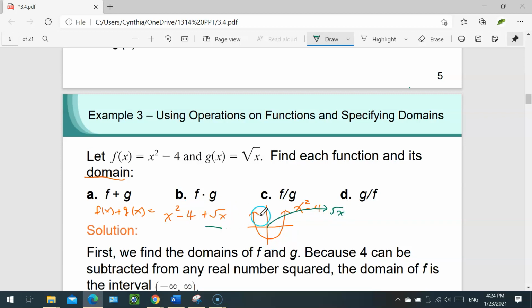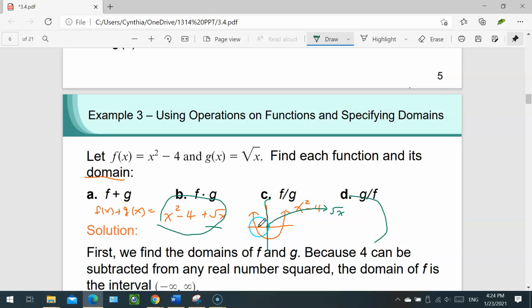Now, since these two functions combine already, the whole output will be here. When you determine the domain, we are looking for the overlap region they have. So the overlap region will be from here until forever, right? As you can see, the most left-hand side of the domain to satisfy both f of x and g of x is the starting point here.